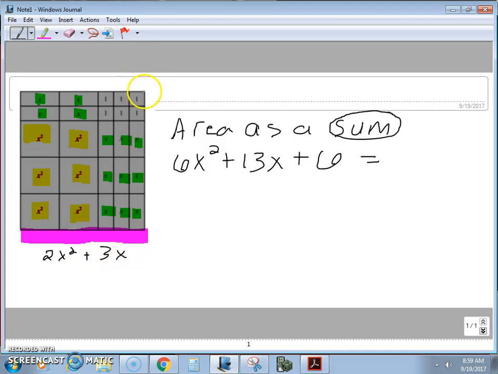And then the side from here, the longer side, it looks like, is 2 1's and 3 x's. So that's going to be 3 x's plus 2 1's. 2 1's is just 2. If we say that's the length, then we have the length, which is 3x plus 2.